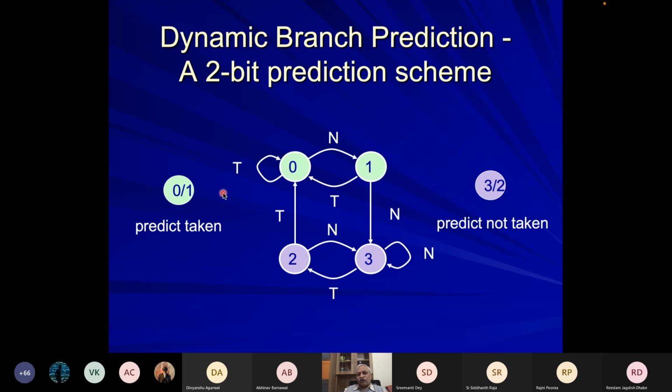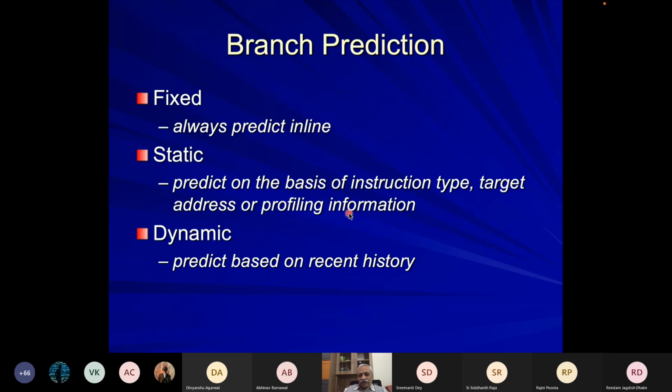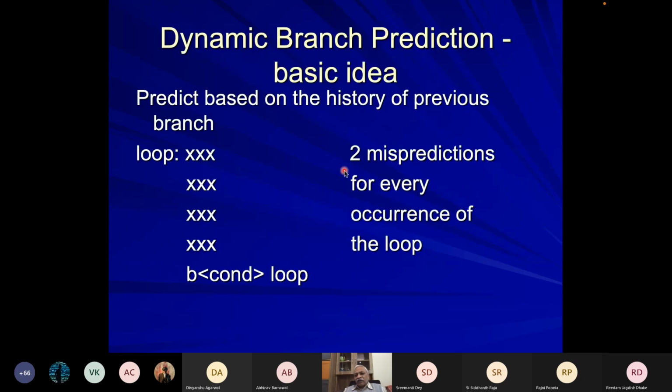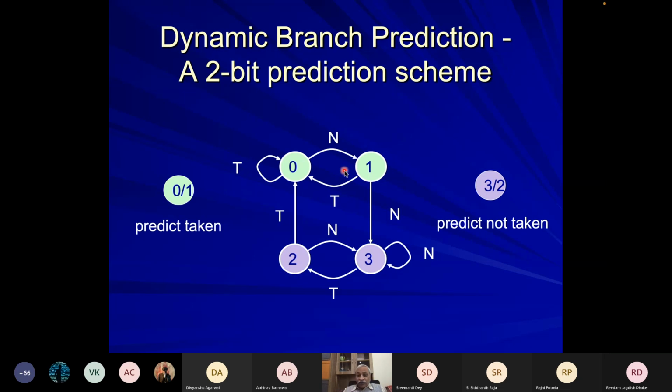If you look at last 2 branches, so we keep track of this using a small FSM, which would have 4 states. So basically we need to remember now 2 bits of information. All right. Earlier in the previous approach, we just need to remember 1 or 0. Last time branch was taken or not taken. So we are remembering 1 bit. But this 2-bit approach can make things better.